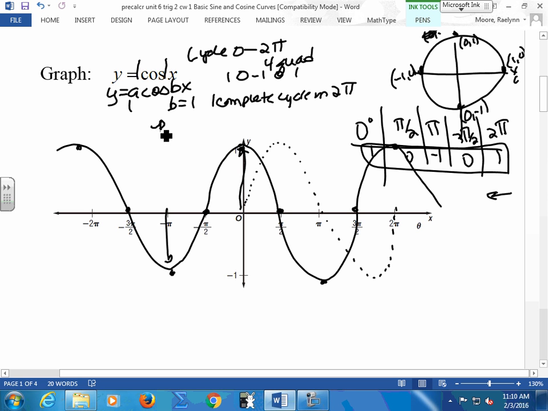My period says 2 pi over b. So 2 pi over 1. It takes me 2 pi to complete one cycle. What's the domain for my cosine curve?